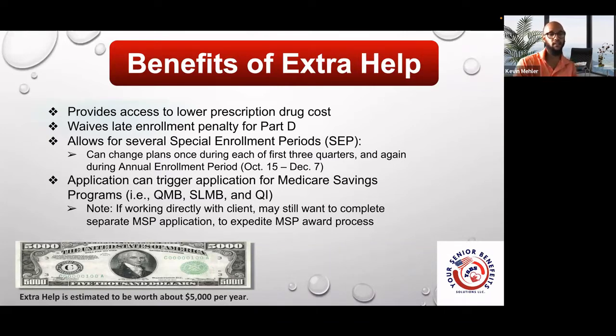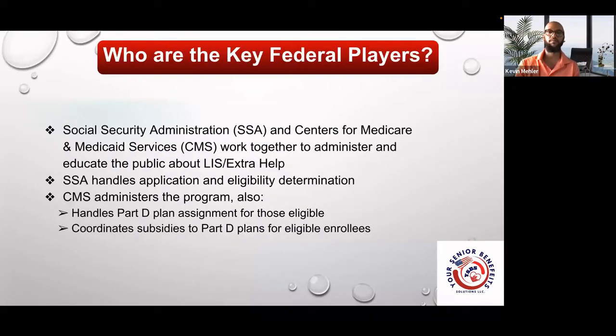Okay. And then as you guys can see down here, Extra Help is estimated to be worth about $5,000 a year, depending on what the individual has going on. Now, who are the key federal players? It is the Social Security Administration, also called SSA, and the Centers for Medicare and Medicaid Services, which you will hear me call CMS. They work together to administer the plans and educate the public about LIS and Extra Help.